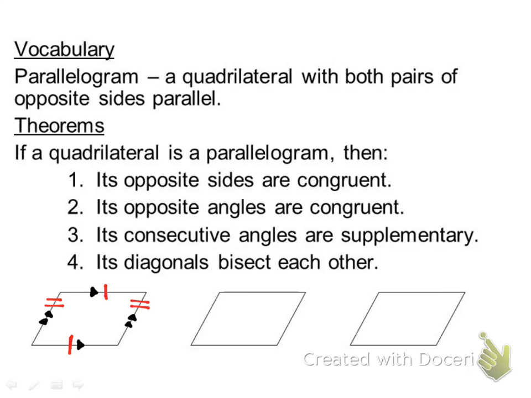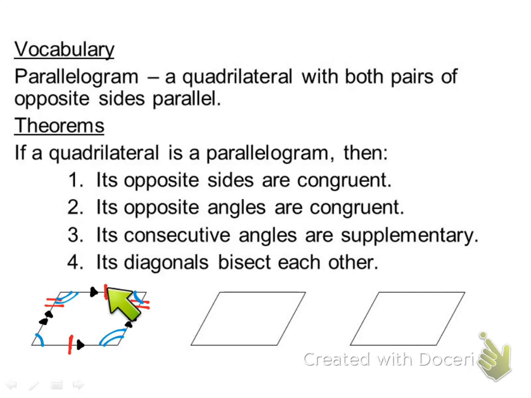Now, another cool thing is the angles opposite each other are congruent. So whatever this angle is, the other angle across from it is the same. And then this one is the same as this one. So lots going on in that first parallelogram. Main things to remember: the sides are parallel that are opposite one another. They're also congruent.